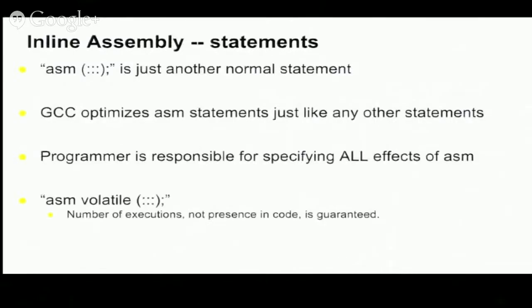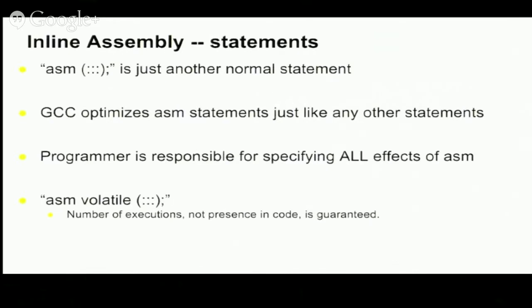And a point on the volatile keyword in assembly statements. Volatile makes sure that the assembly statement is not removed normally. What it guarantees is that the number of executions of that assembly statement will always be the same.